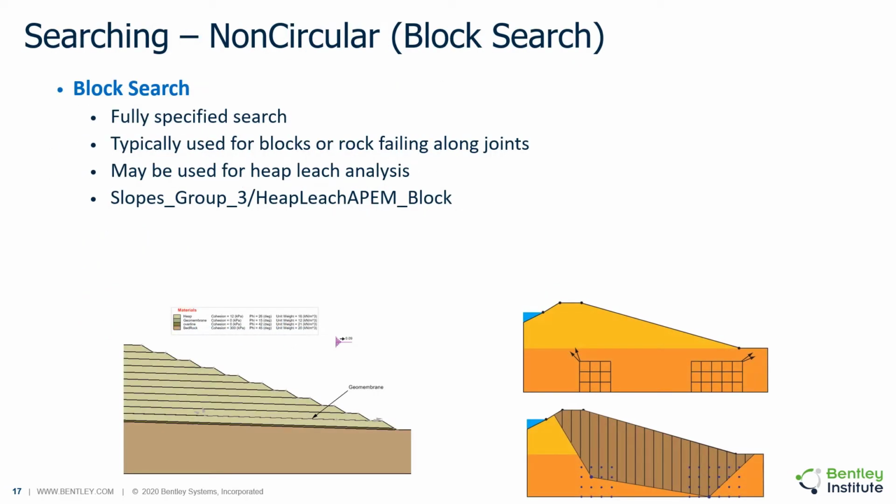The block search is ideal to use in cases where a particular weak sliding path is known, such as in a heap leach facility with a geomembrane, or in cases where failures of blocks along fracture zones are considered likely. In this case, the slip surface can be searched through a variety of hinge points, including block search zones, points, or fracture polylines.